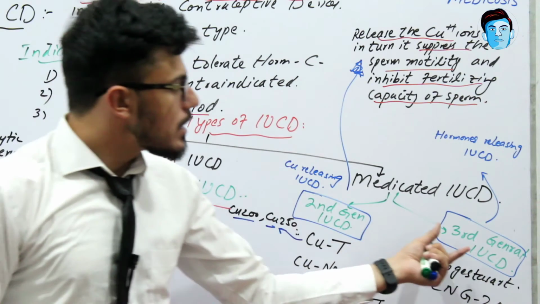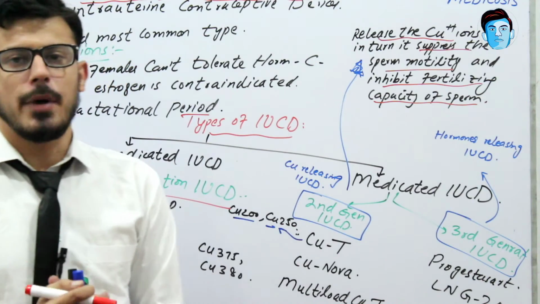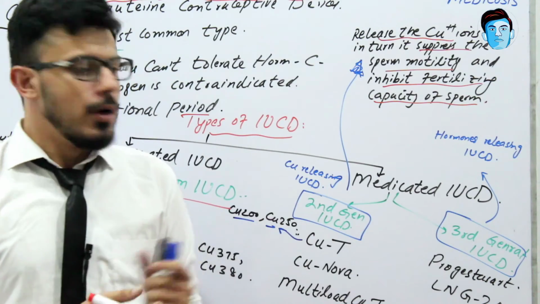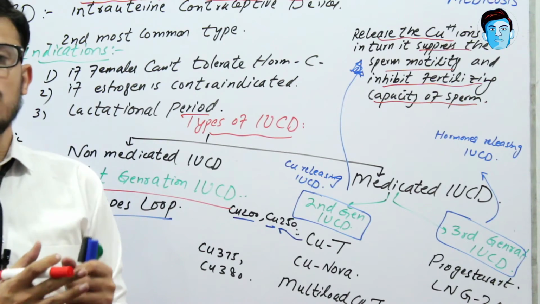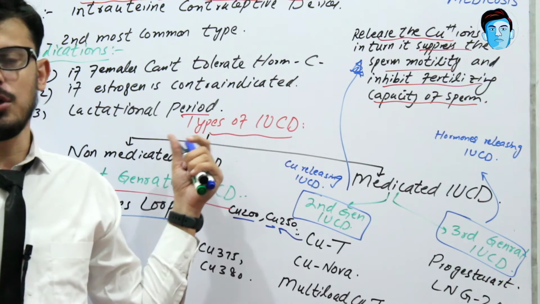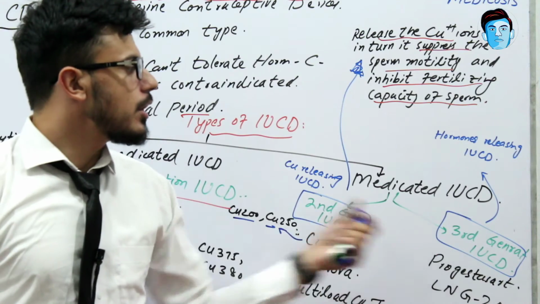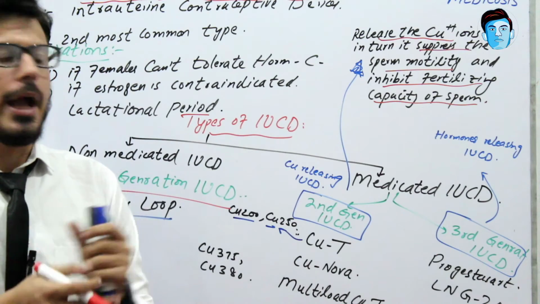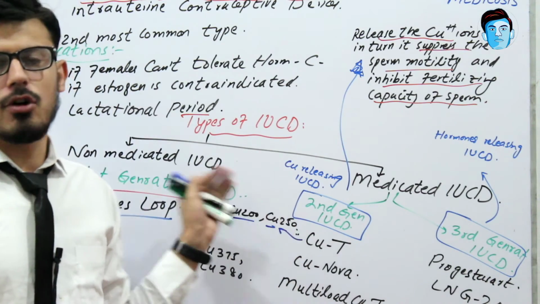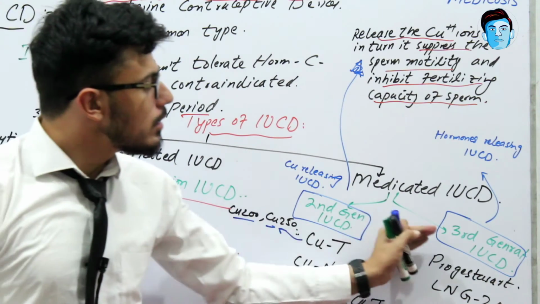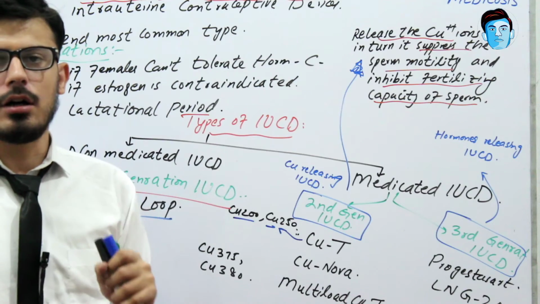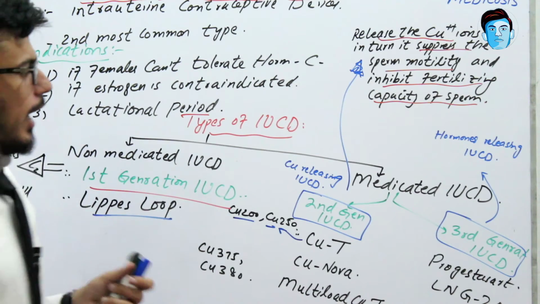Now coming to the third generation IUCD, what is the mechanism of action for that? The first and second generation IUCDs are more associated with sperm inhibition, but the third generation IUCD does not act upon the sperm; it acts a bit differently.